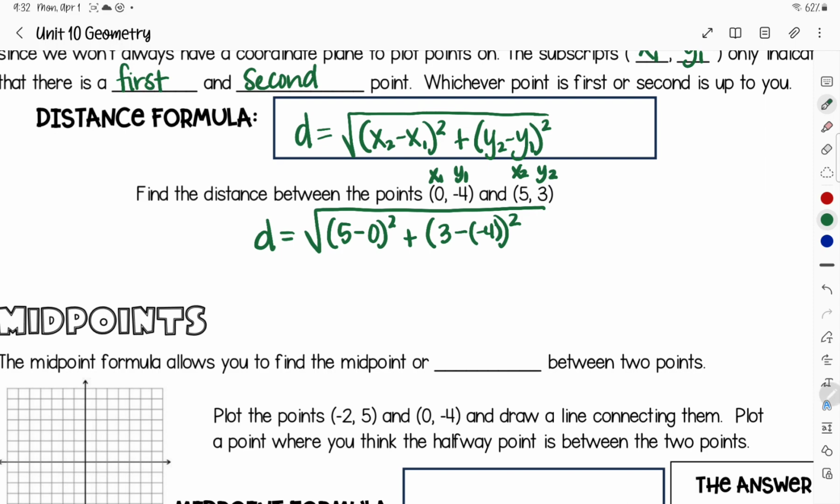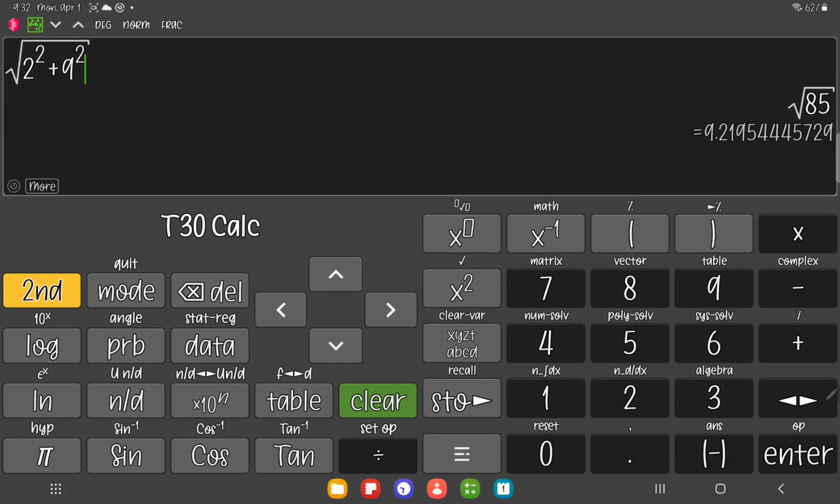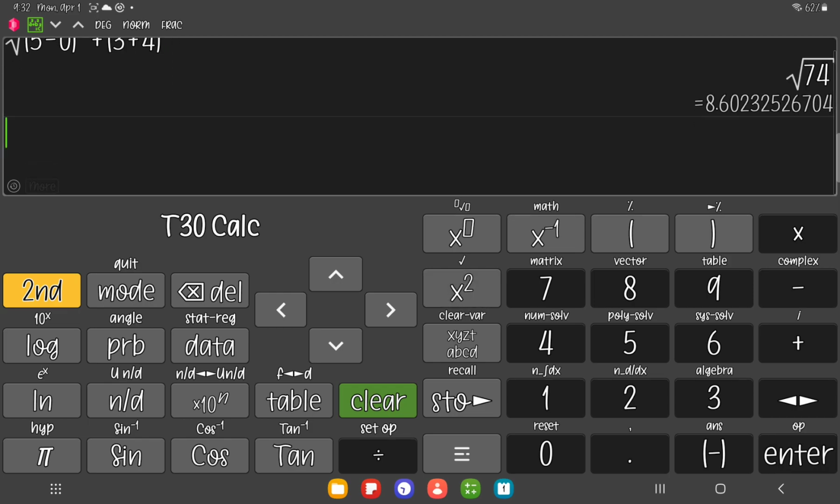Okay, so let's go to our calculator, clear this one out. So second square root, put in open parentheses, 5 minus 0, close parentheses, and square it, plus open parentheses, 3 minus negative 4, close parentheses, and square it, and then hit enter.